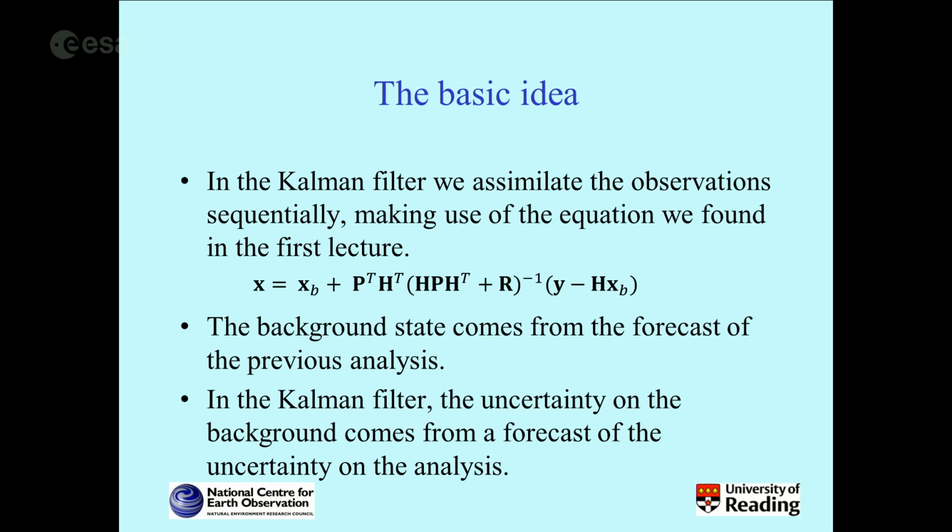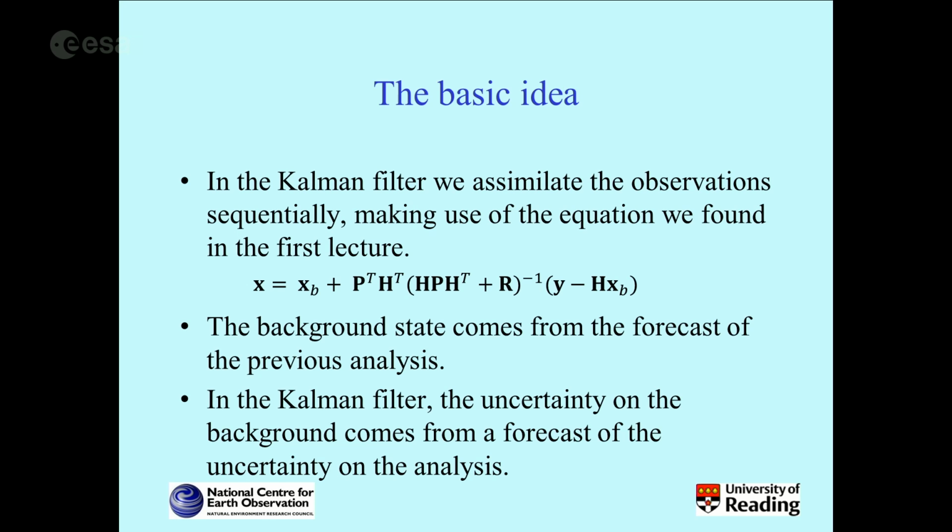It's a filter. We go by time, assimilating at each time. And we're going to use, essentially, this equation that we found yesterday and I started today's lecture with, which is essentially what the minimum of the cost function is if we assume everything's linear.